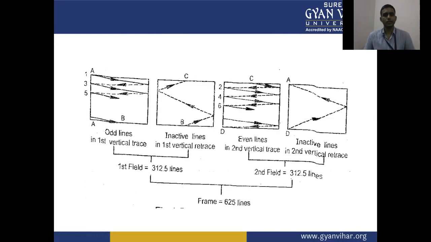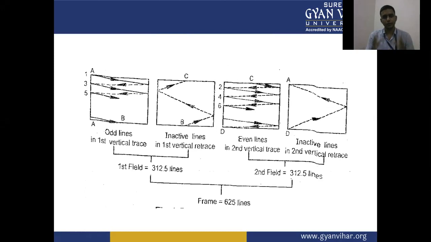So these are the odd lines and inactive lines, and even lines and inactive lines. In the case of the odd field and even field, both active and inactive lines are shown, and each field has a total of 20 inactive lines, that is the retrace period.